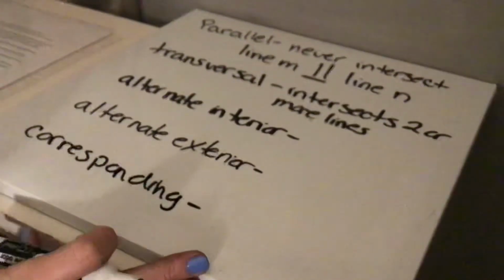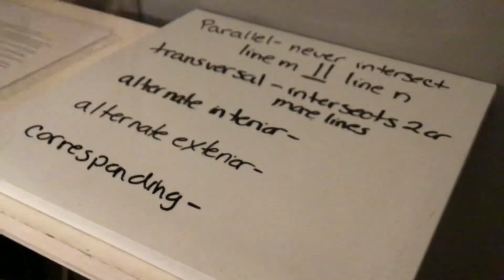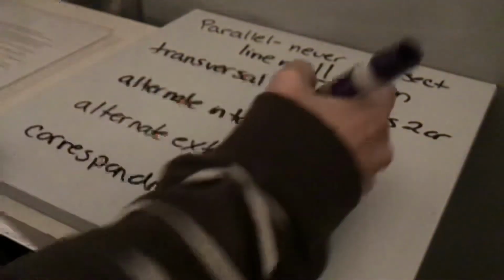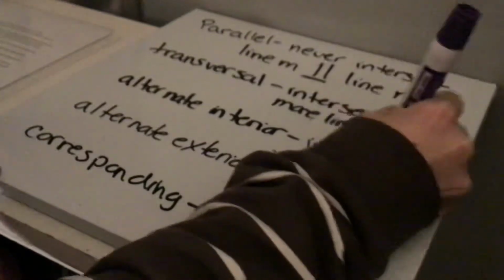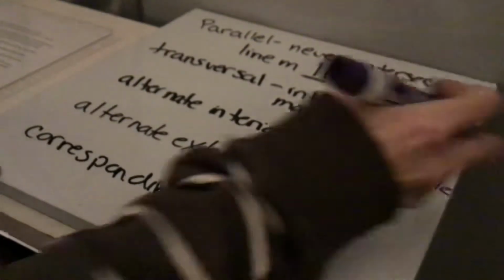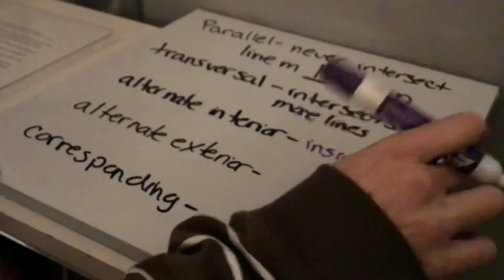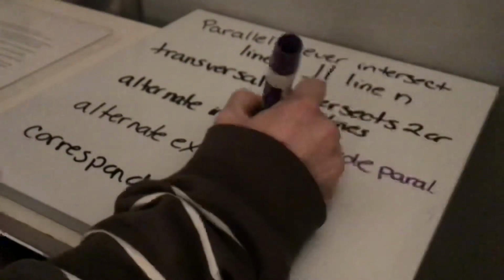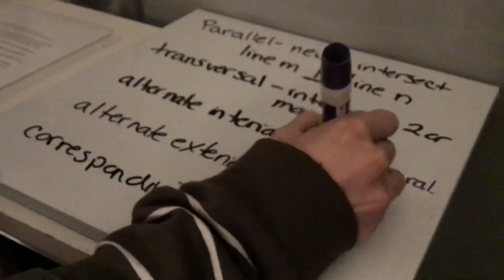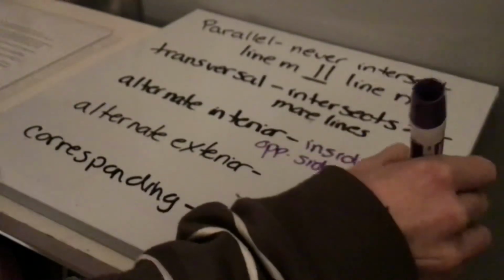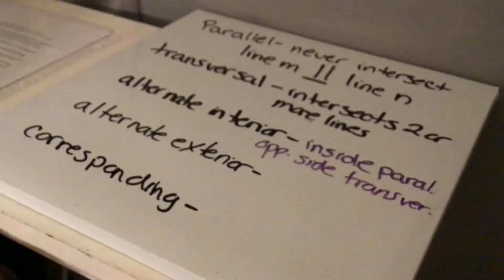Okay, so we kind of think about what these words mean, right? These first two, alternate interior or exterior. So alternate means opposite, okay? Interior means inside. So alternate interior angles are going to be inside the parallel lines but on opposite sides of the transversal. Okay, so inside the parallel, opposite sides of the transversal.